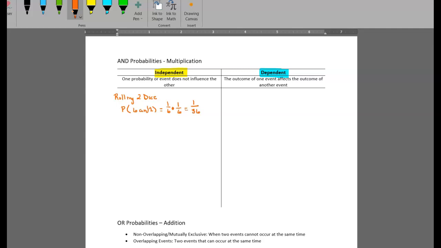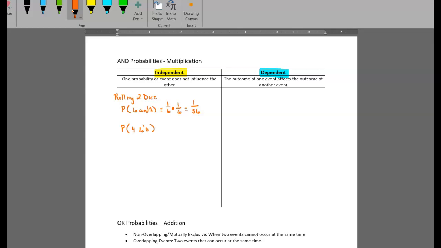How about the probability of rolling 4 6s? Notice that this time the word and is not included in here. If the word and is not there, it's implied that it is an and probability.